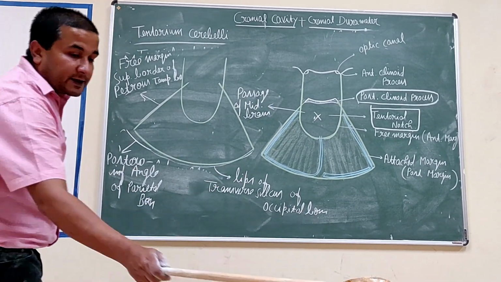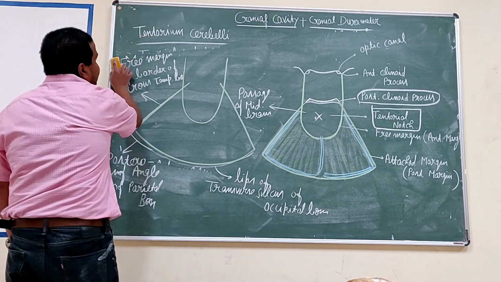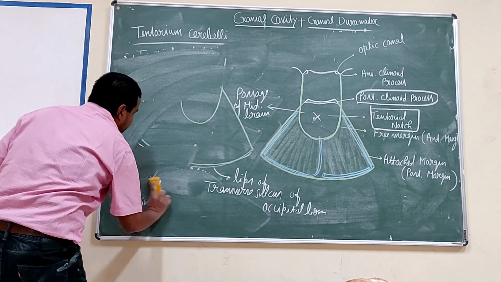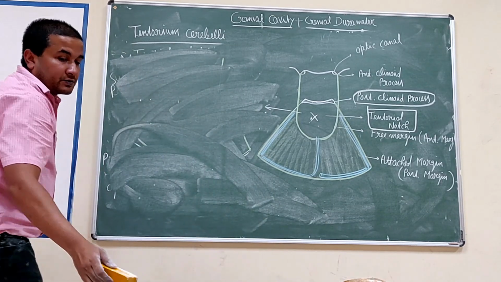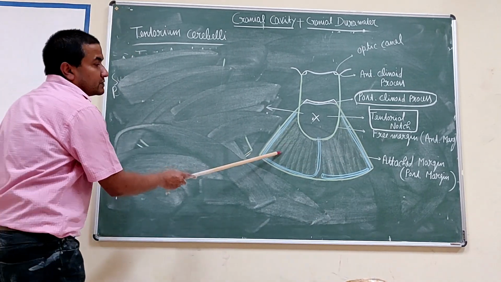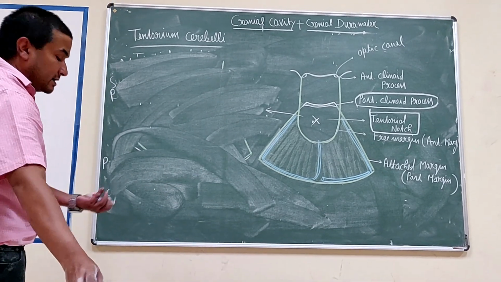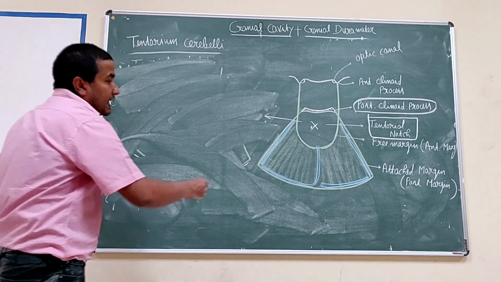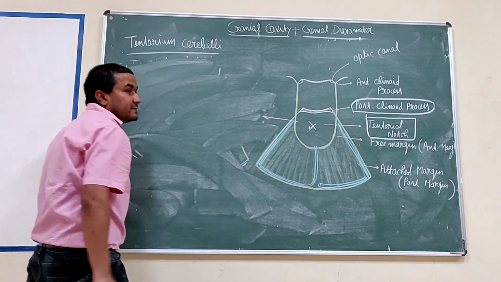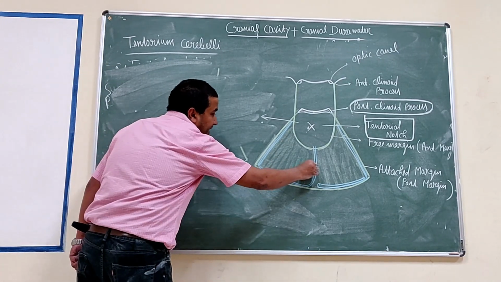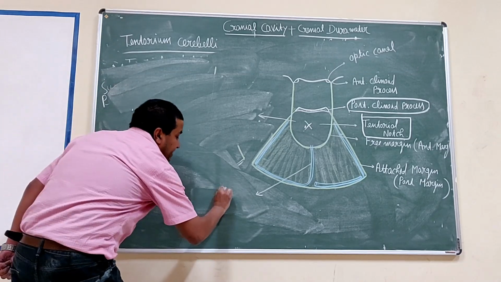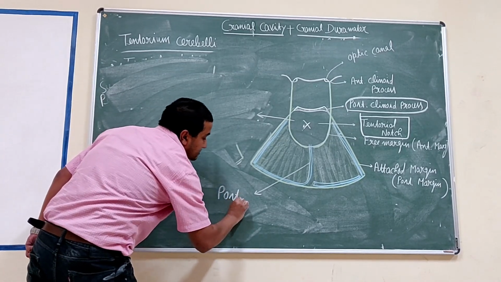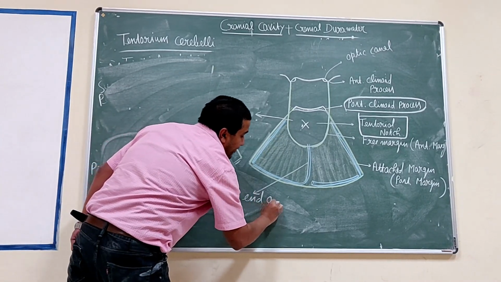Now it has two surfaces, the superior surface and the inferior surface. Here is the superior surface. The superior surface, in the midline, the median plane, provides attachment to the posterior end of the falx cerebri.